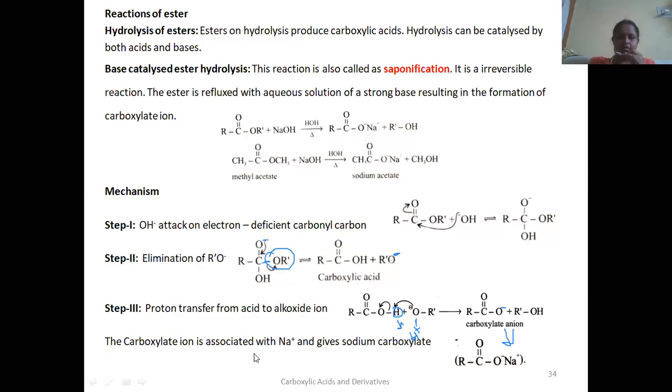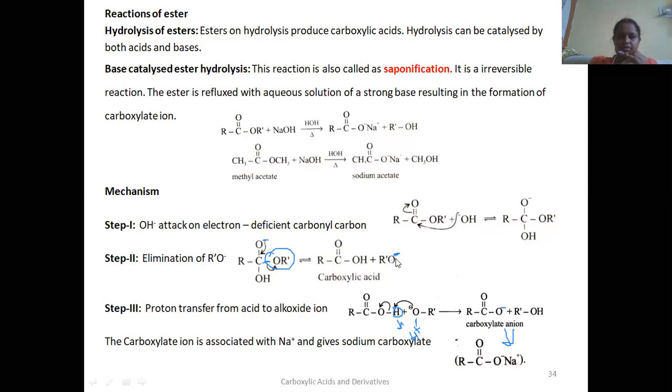So this is the mechanism of ester hydrolysis in the presence of base. Here you see the formation of carboxylate ion. The first step is the addition of OH minus to the electrophilic site, that is the carbonyl group of the ester. Then there is elimination of the alkoxide group with electrons, shown here with a negative charge, and this negative charge shifts between carbon and oxygen, so a double bond is formed.